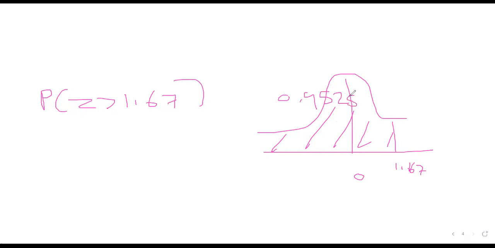So the reading that is remaining, the small area here, we simply get by subtracting 1 minus 0.9525. This is what we'll get as the remainder. So 1 minus 0.9525 will be 0.0475.